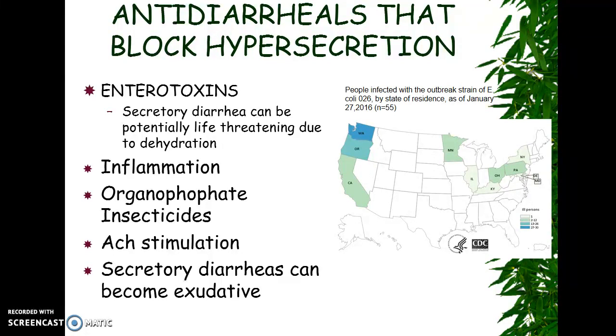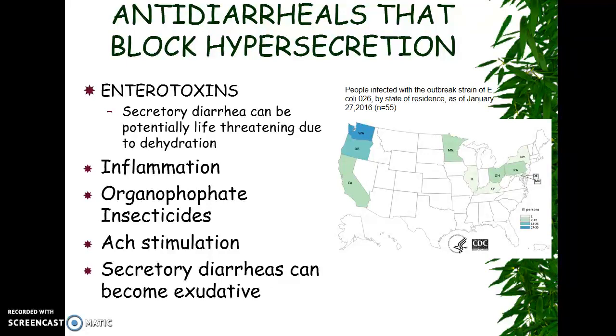It just makes a lot more fluid leak out into the ingesta, and then it leaves the body and it can lead to life-threatening dehydration. Inflammatory bowel disease also causes the same thing, and this is the immune system going a little crazy on the GI tract. We're usually changing what we're feeding animals to help with that, but we may also use an antidiarrheal that will help with this type of hypersecretion.